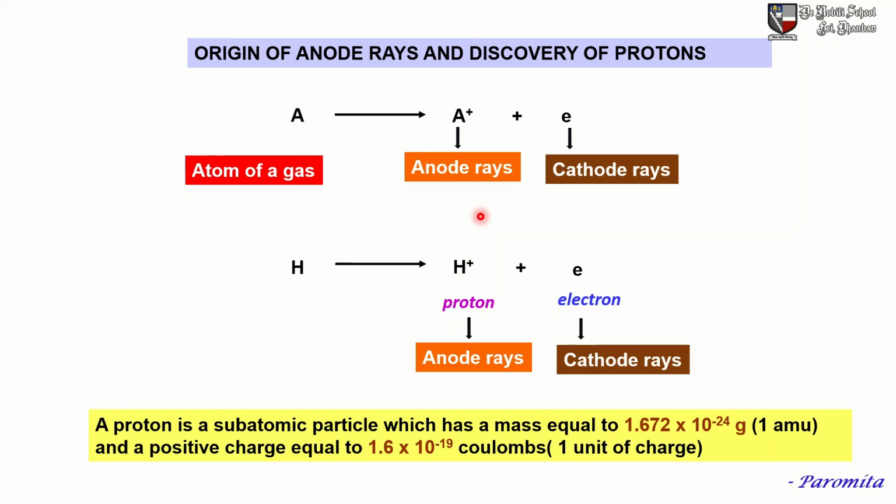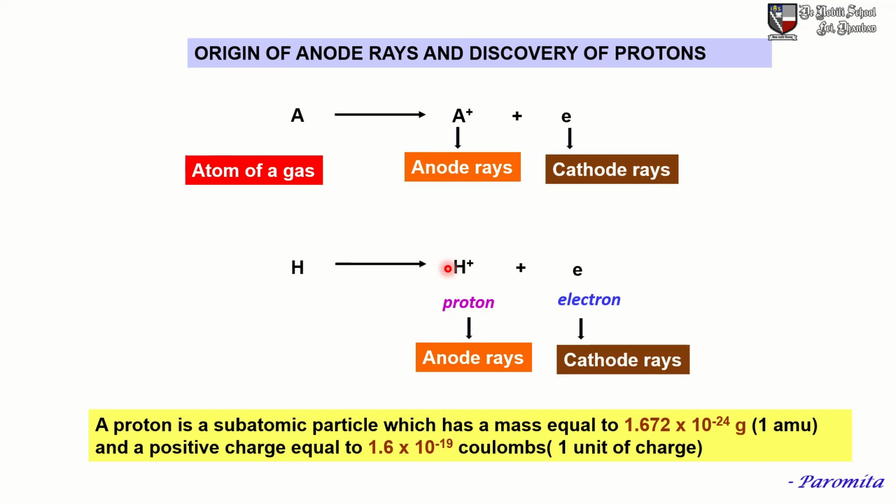The value of e/m for the constituent particles of this gas was found to be maximum. Why is the e/m value maximum in the case of hydrogen gas? This is because this particle possessed minimum mass and a unit positive charge.